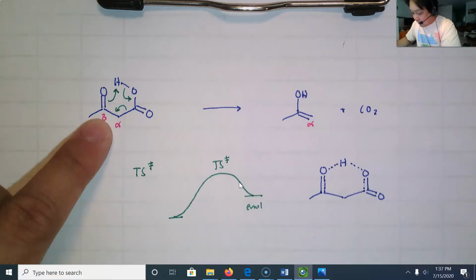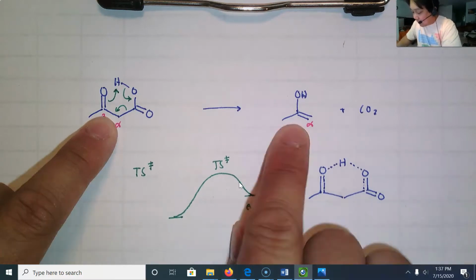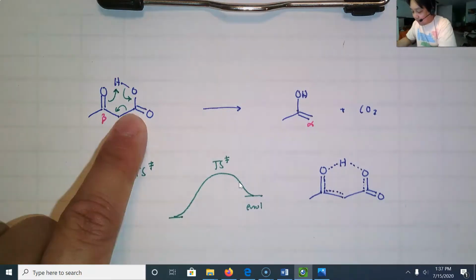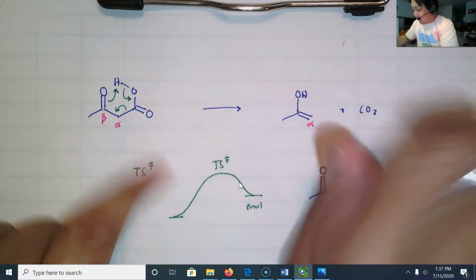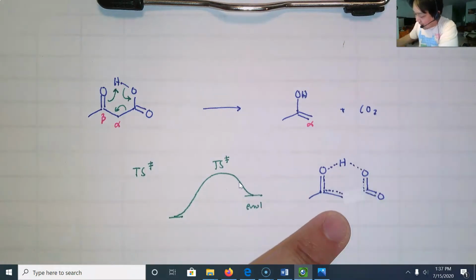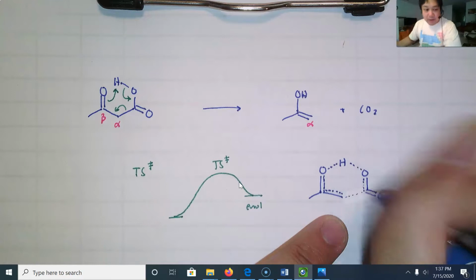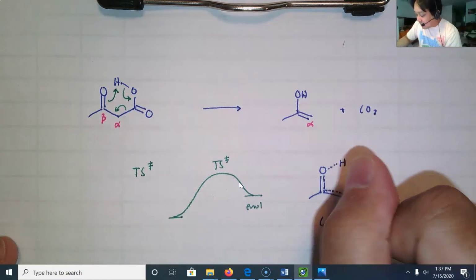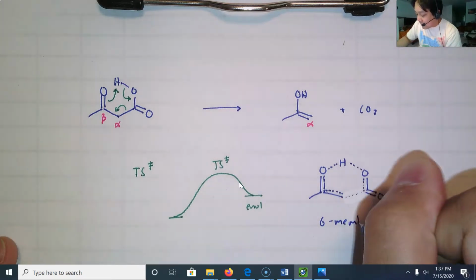And what happened here? We have a single bond go to the double bond, and we have this. And we have a single bond going to no bond. So I've got to get rid of this actually. We have a half bond here. Because you're making a 6-member transition state, that's actually very stable.